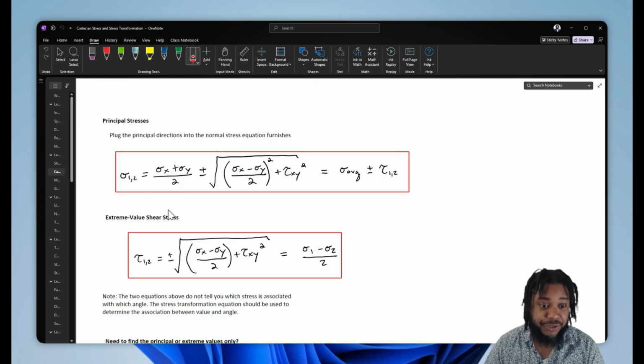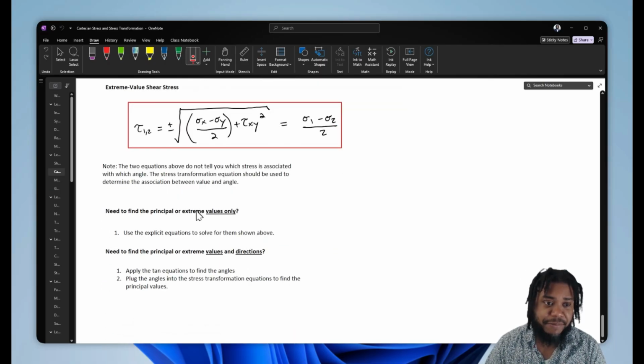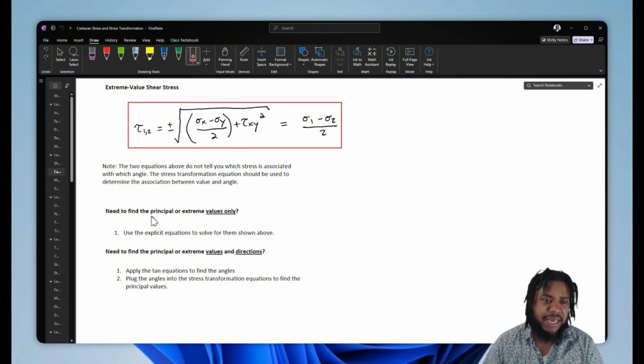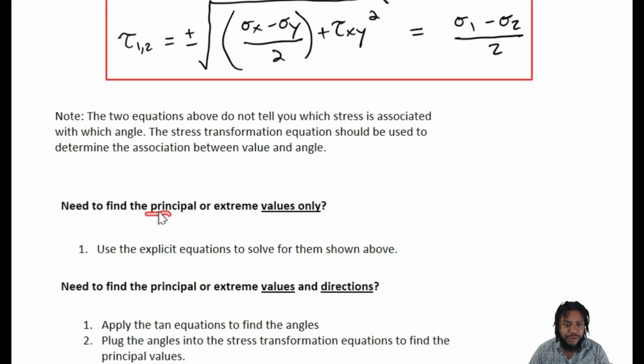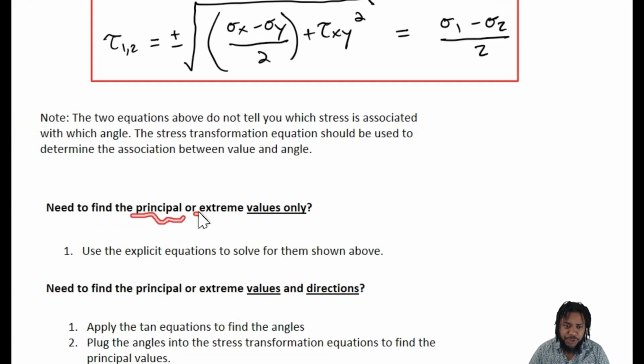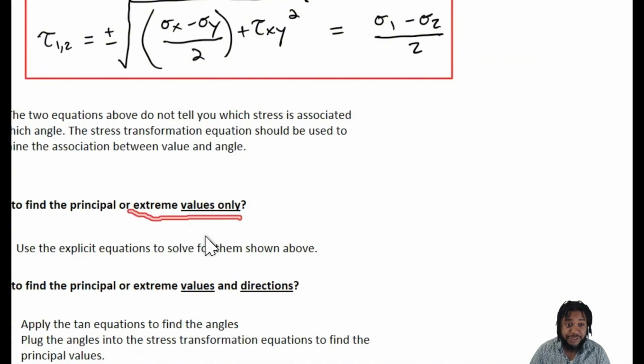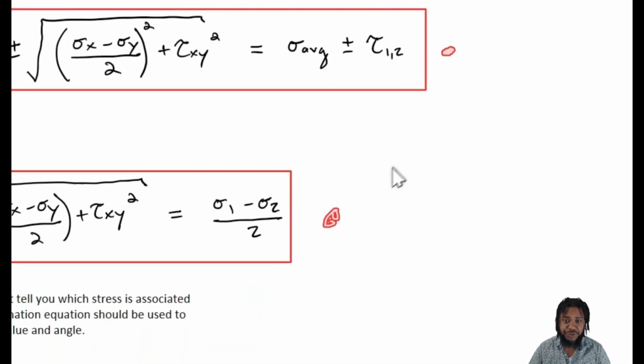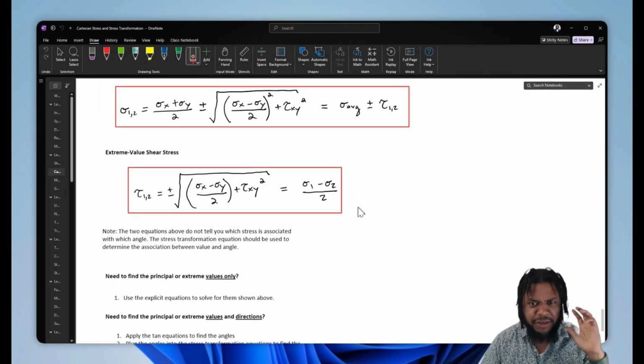Now let's think about how would we use these equations. If we're given a problem and we just want to find directly the principal stresses or the extreme values of shear stress, then we should just go ahead and directly use these equations. If that's our only concern, what is the principal stress?